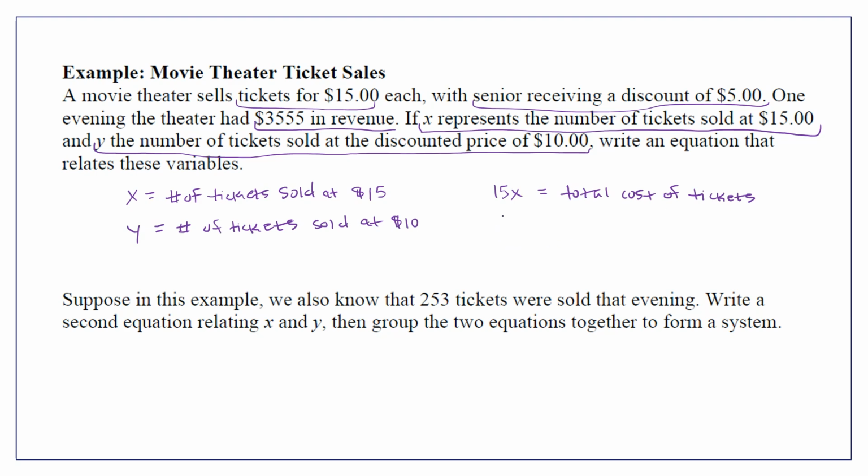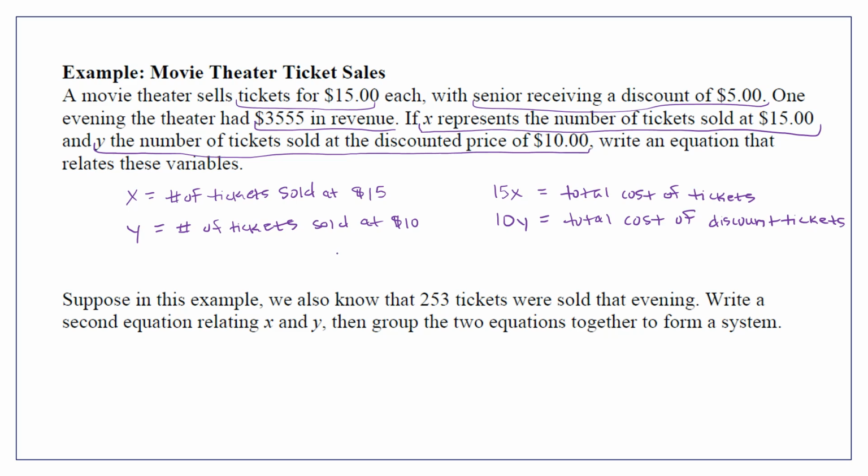And then the total cost of the discount tickets at $10 would be 10y. So this is the total cost of discount tickets. Okay.